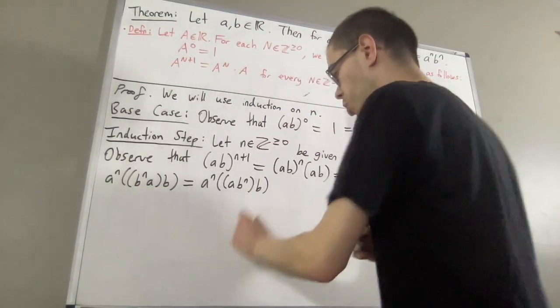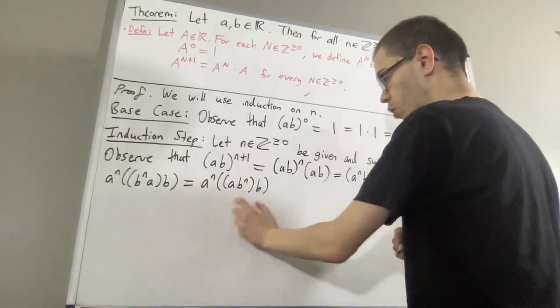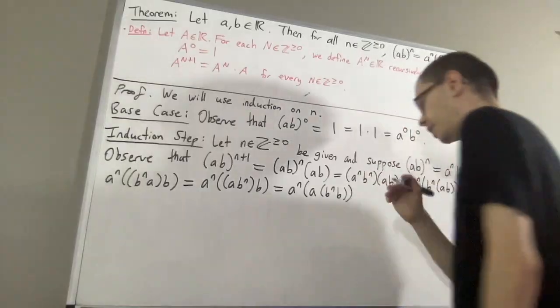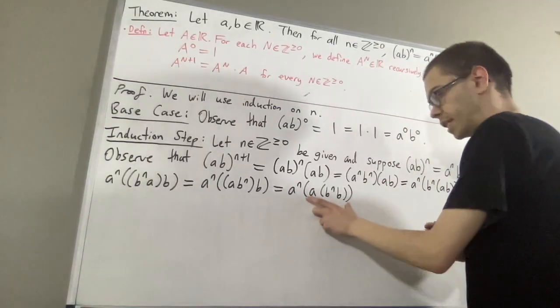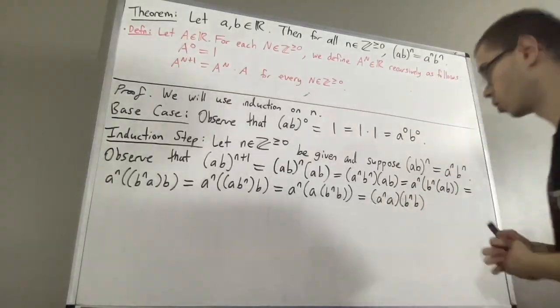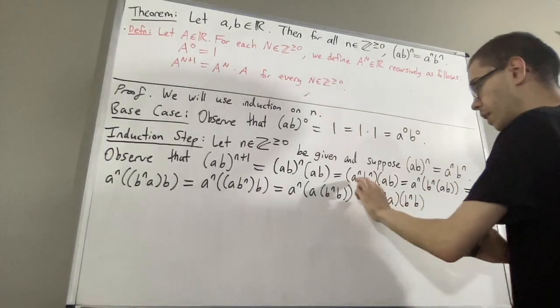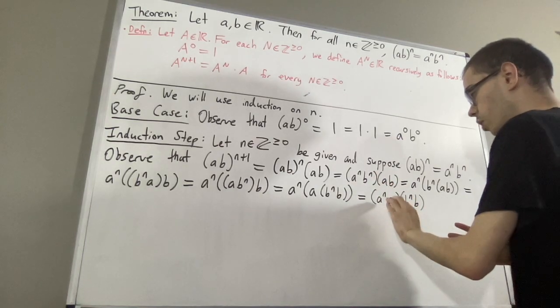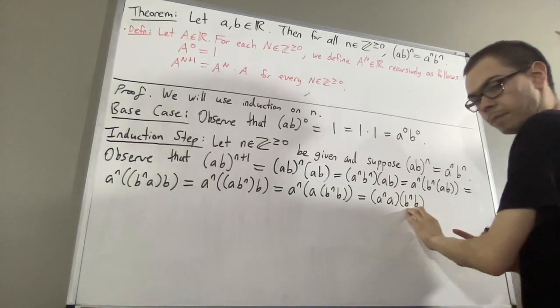And then applying the associative law again, we can move the inner parentheses around b^n times b. And then applying the associative law again, we move the outer parentheses around a^n times a. So pretty much we have manipulated (a^n times b^n) times ab into (a^n a)(b^n b).